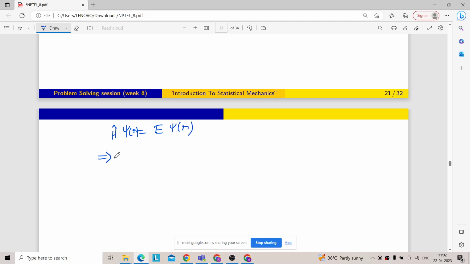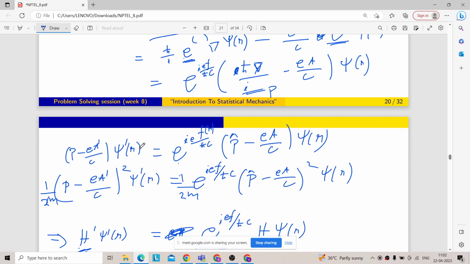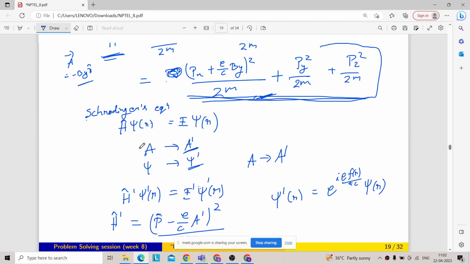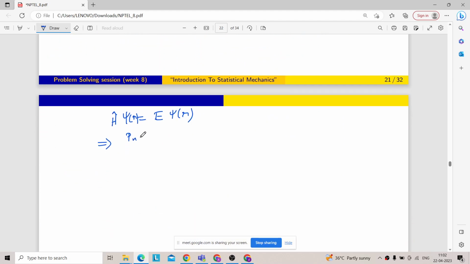So we got our Hamiltonian as Px plus e over c B y, whole square, over 2m, then the rest are the same: Py square divided by 2m plus Pz square divided by 2m.